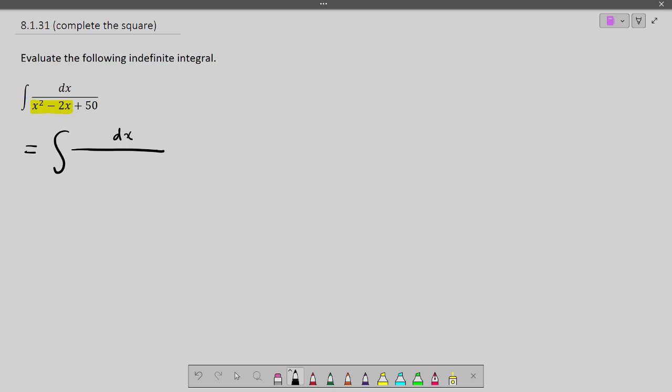When we square it, we get 1. So to complete the square, we need a 1. We just borrow that from the constant. We take it out of the 50, and that leaves us with a 49. Then we factor. So in the denominator, we are going to have x minus 1 quantity squared plus 49.